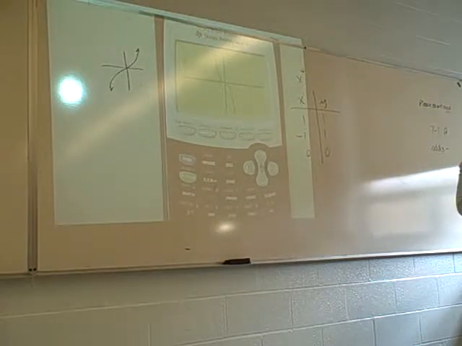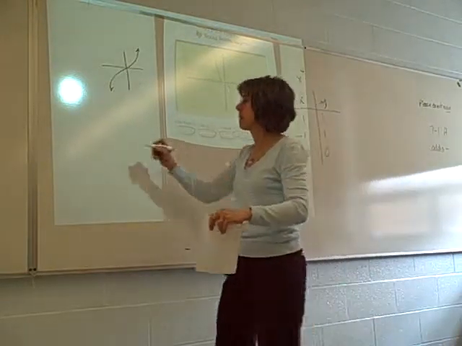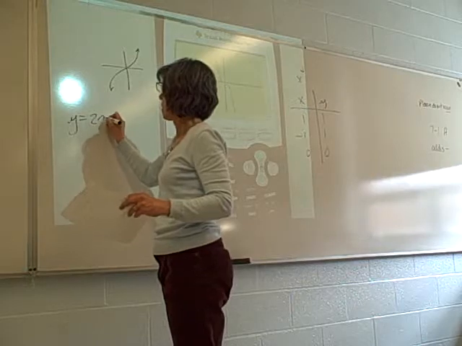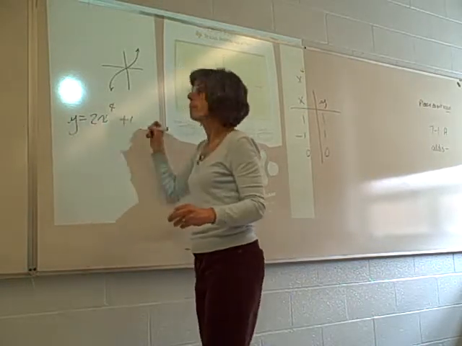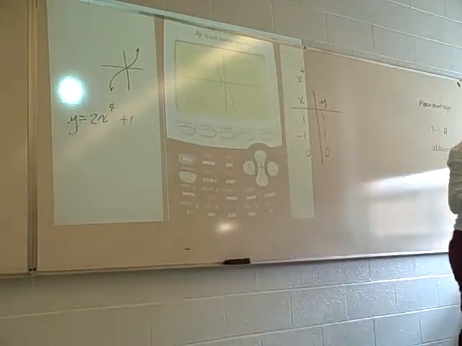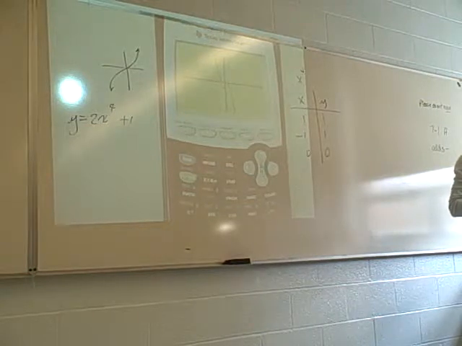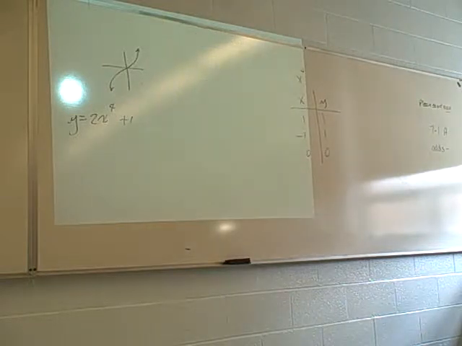How about now, do a sketch of y equals 2x to the 4th plus 1. Okay, so everybody should have an idea of where it is. Why don't you graph that?